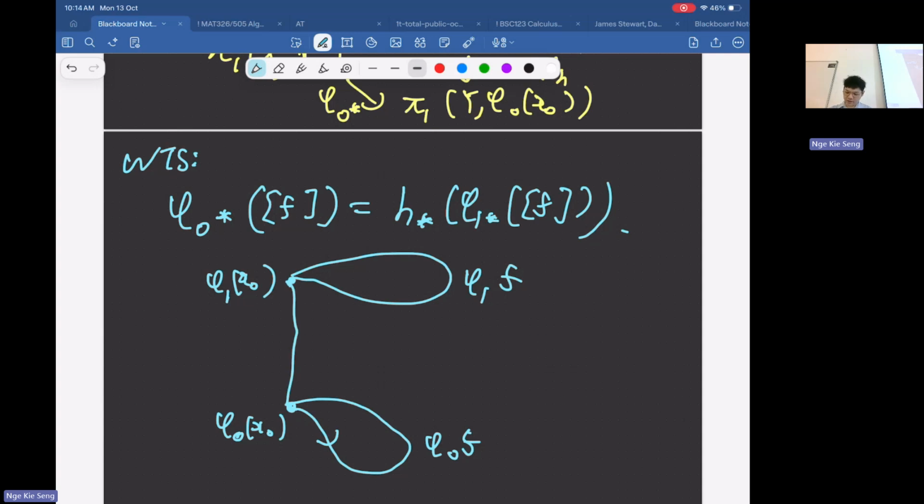You have a path between these two. Yes, so this is the path. All along, these are base points of some other path. Can you think of a homotopy here?